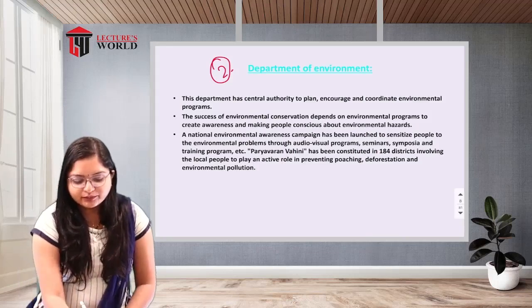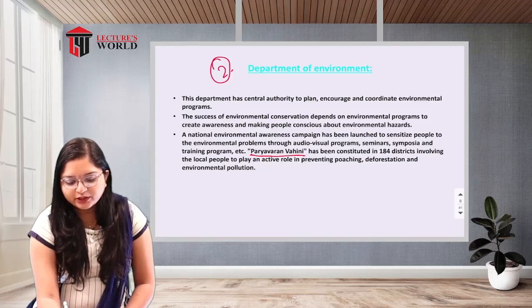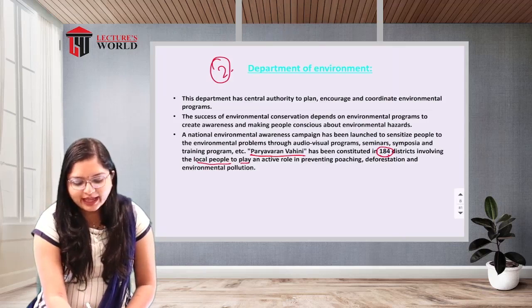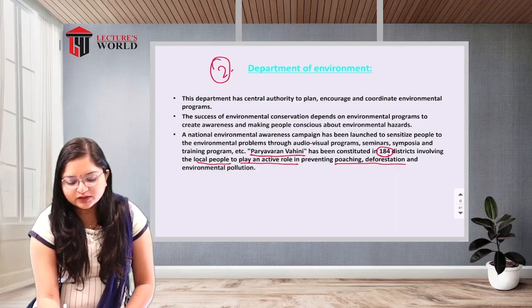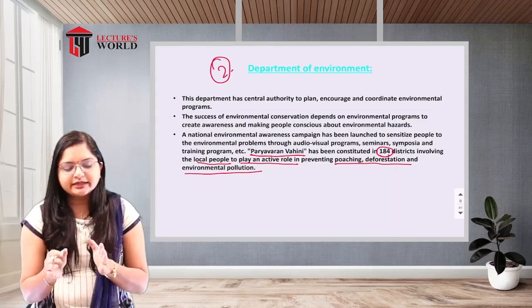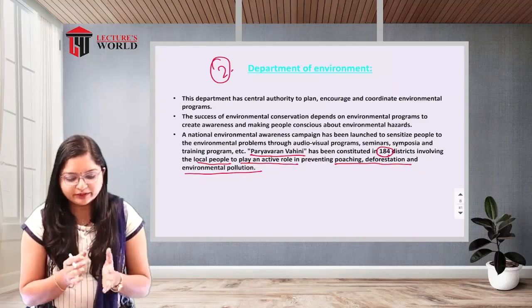For that, Paryavaran Vahini has been constituted in 184 districts, involving the local people to play an active role in preventing poaching, deforestation and environmental pollution. So this is the second, the Department of Environment, which is working for environmental betterment.